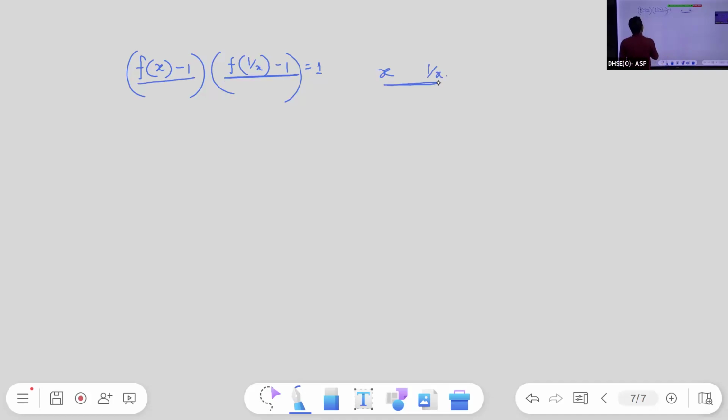So this is possible only when either this term or this term is a monomial. f of x minus 1 is a monomial, means either you can take x or you can take minus x, or you can take x square, minus x square, or x cube, minus x cube.